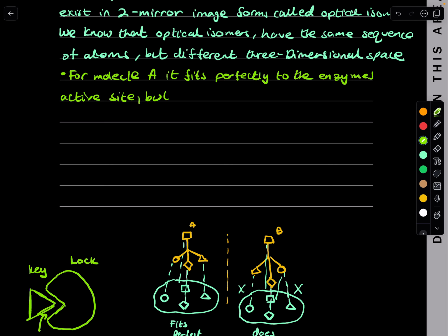But an optical isomer of A, known as B, exists.